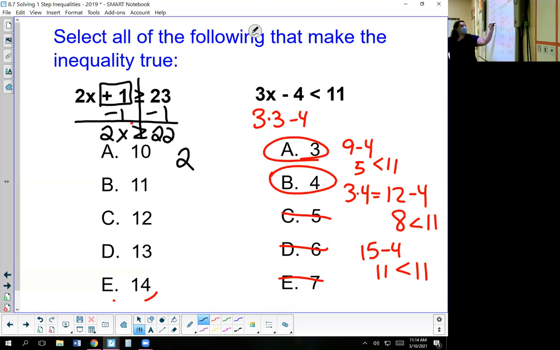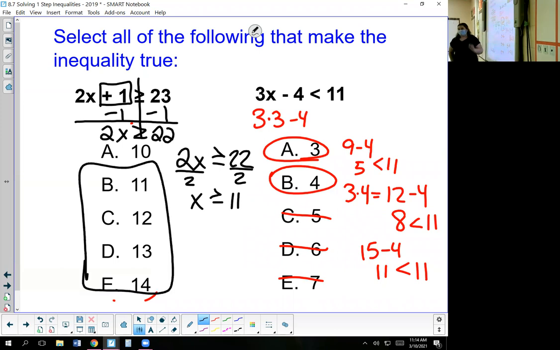Solve for x. Divide by 2, divide by 2. X is greater than or equal to 11. Same thing you can do for the other one. Either plug in or solve it like you solve an equation. This way though that I showed you is for advanced. Advanced knows how to do this part.